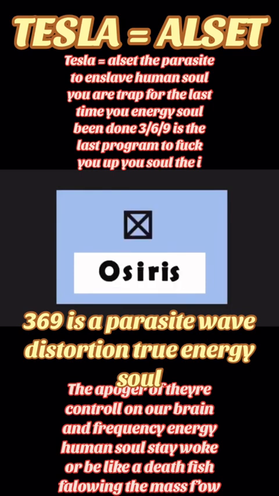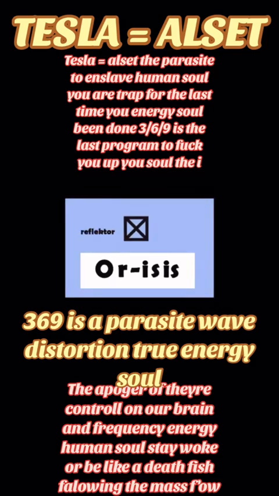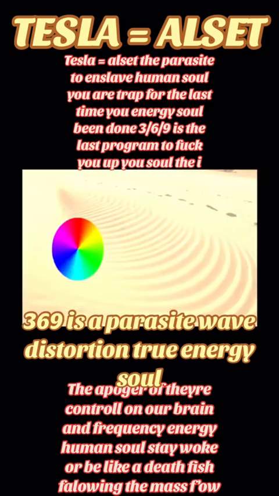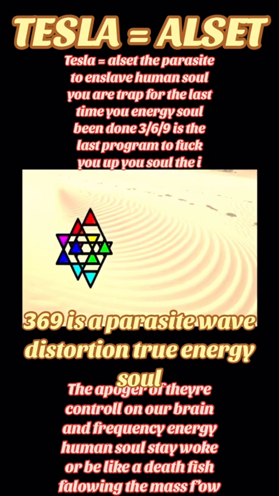The brother of Isis was Osiris, or Isis, reflector of Isis, mirror of Isis. Now we know the name of the pyramid, but what way are they pointing? Let's take a look at the colors. Move the two triangles apart.